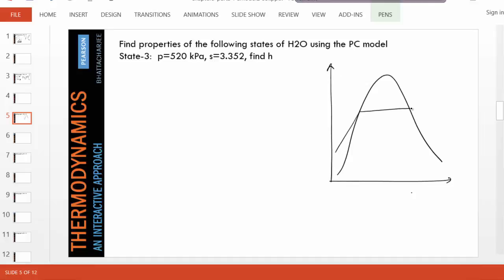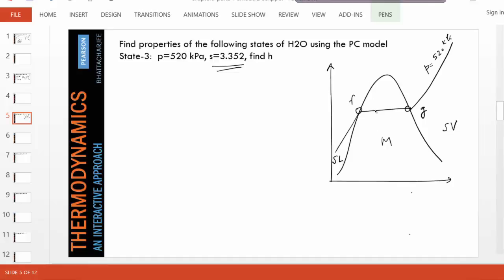So again, we just draw the pressure line first, 520 kPa, and entropy is supplied. So to know whether we have a mixture, a saturated, superheated vapor or subcooled liquid: mixture is inside the dome. Recall, this is superheated vapor and this is subcooled liquid.